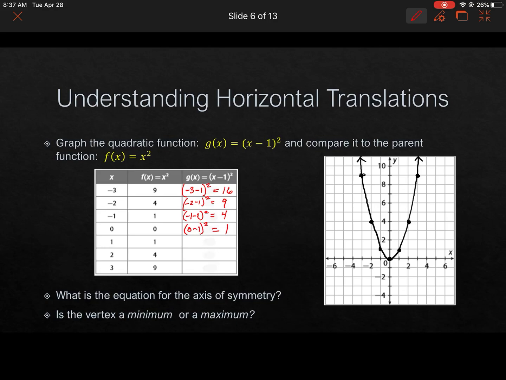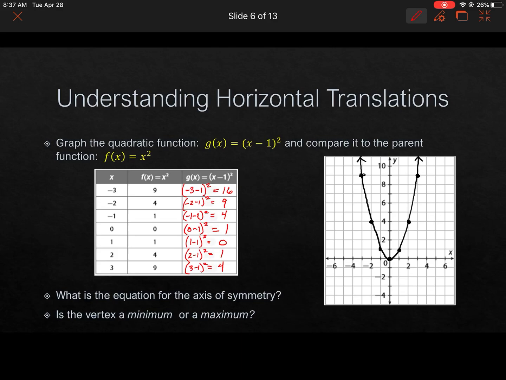So 1 minus 1 is going to be 0 squared, so 0. This is going to be 2 minus 1 squared, so 1 squared would be 1, and then 3 minus 1 squared would give me 4.